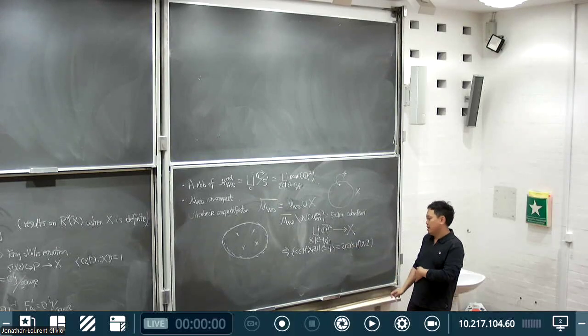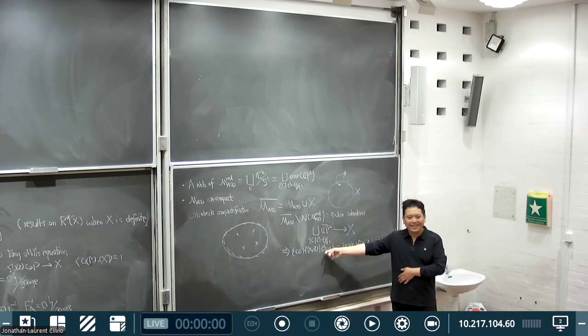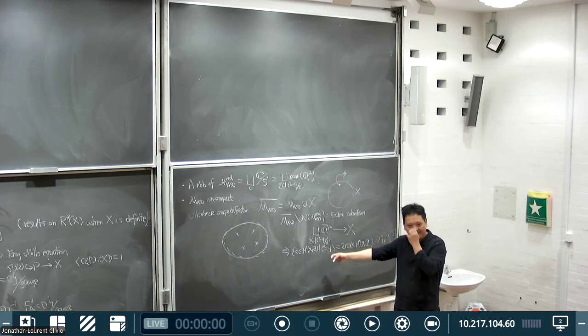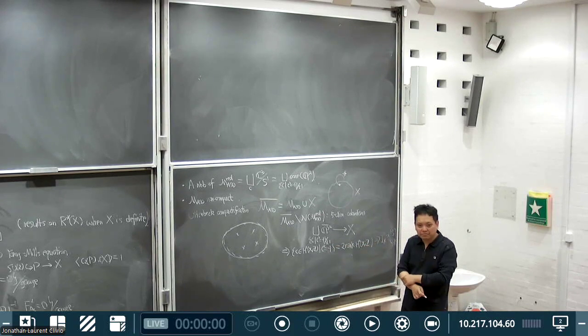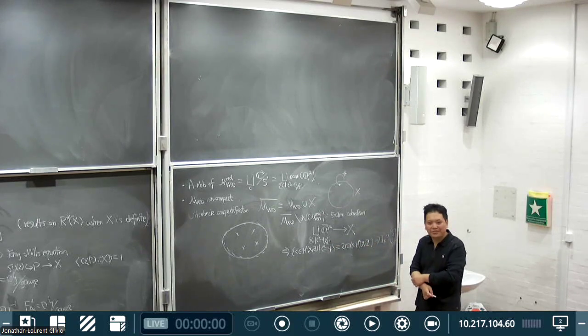Okay. And it's not hard from here to see that this implies the intersection form must be diagonalizable. Because otherwise this number, you won't have so many such vectors. Okay. So let's follow this proof.